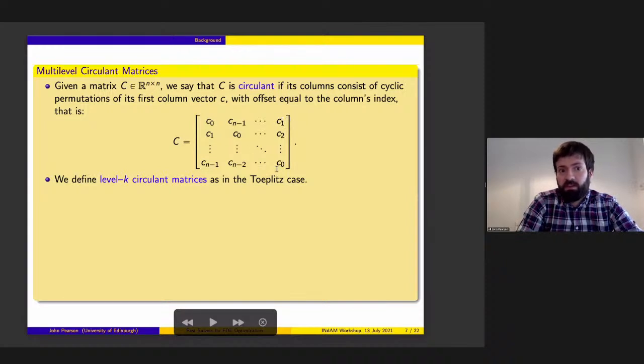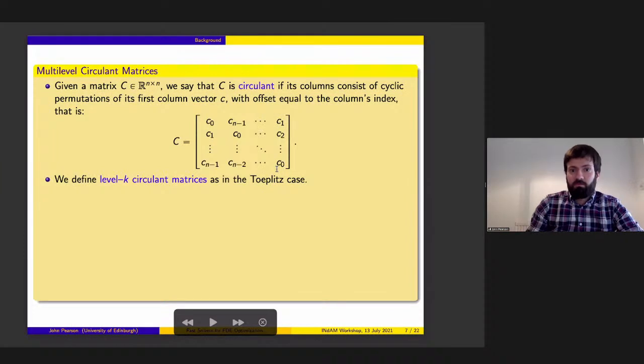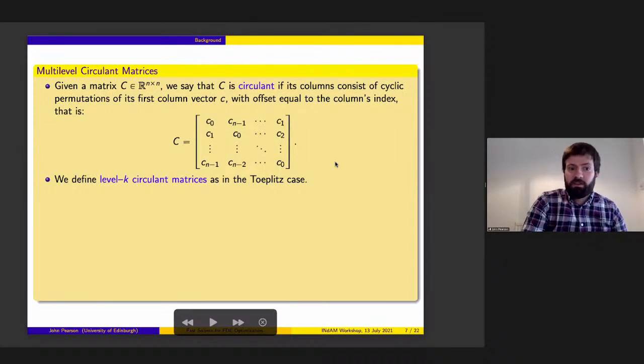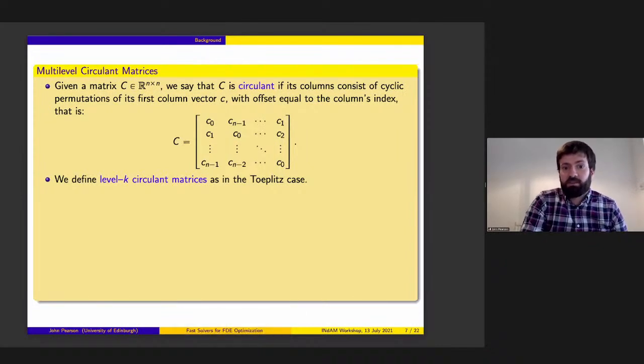Okay, so the entries rotate, if you like, so that you have this additional structure. You can define level K circular matrices as in the Toeplitz case. So for example, a level 2 circular matrix would be a block circular, but all the matrices involved are also themselves circular.